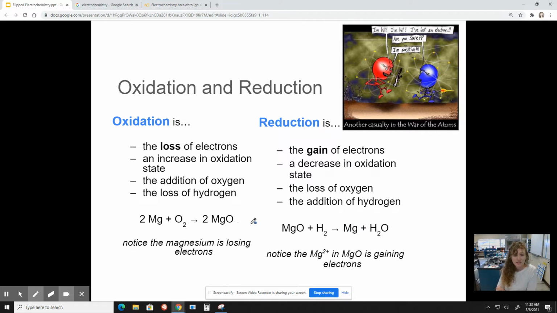So let's take a look at the oxidation states. Let's review oxidation states, and then we can see how these two examples really are examples of a redox reaction where one thing is being oxidized and the other thing is being reduced.